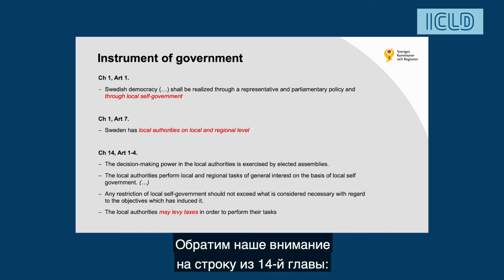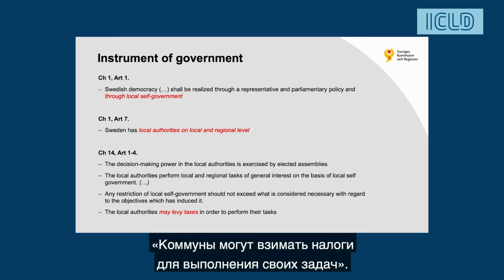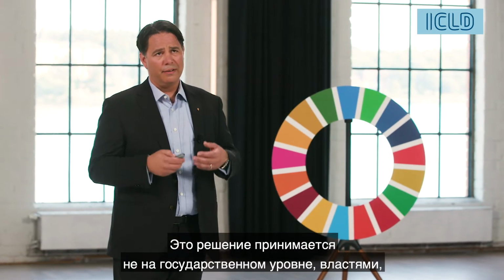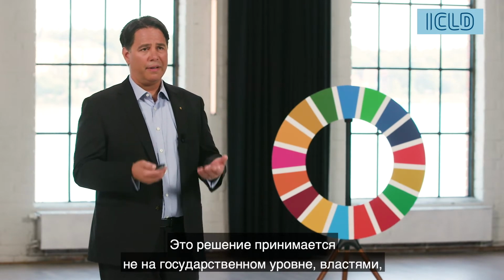Very important also to notice, under Chapter 14, the local authorities may levy taxes in order to perform their tasks. So it's very important to remind that the municipalities, the cities, and the regions define themselves which level of taxes they will levy. It's not the government who will decide this.